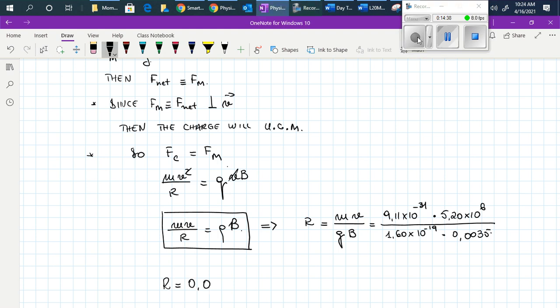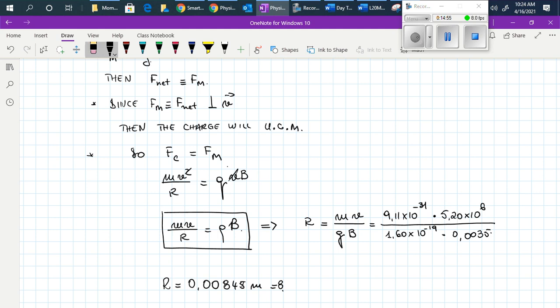What I have is 0.00845 meters, or you can say 8.46 actually.